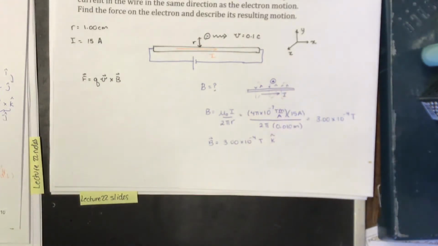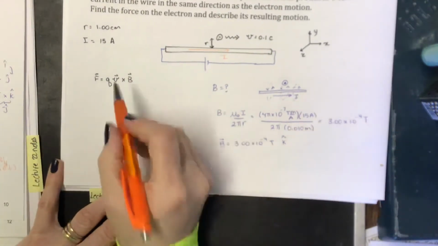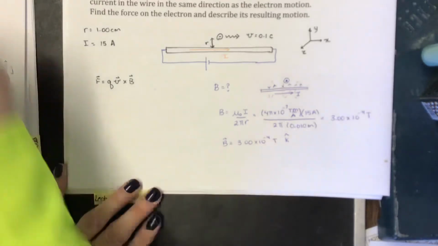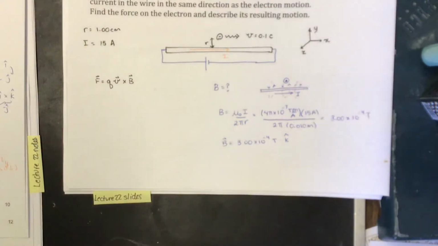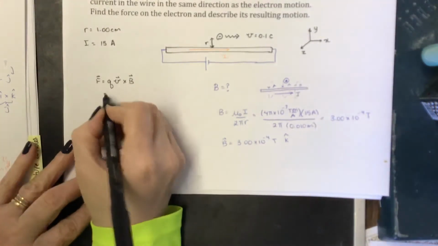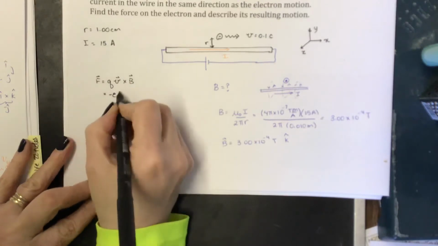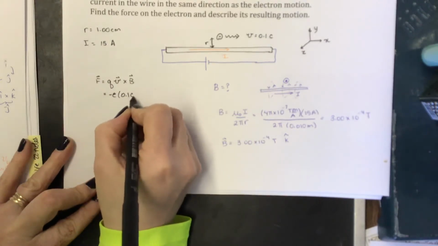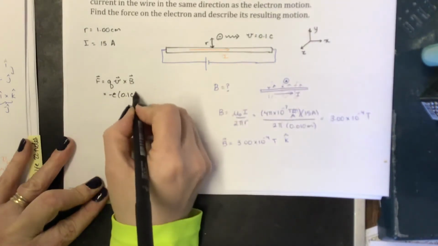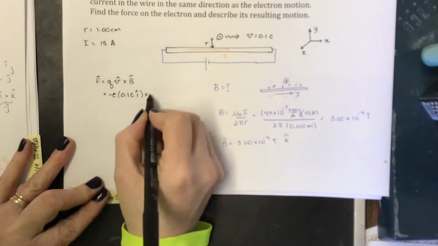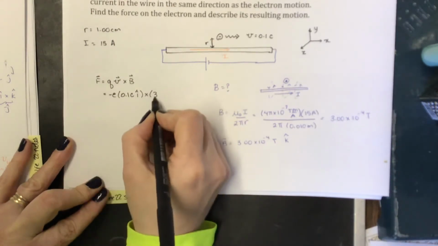So let's put this magnetic field in this expression for force, and let's find the force on the electron. So our Q is minus e, v is 0.1 c in the x direction, i hat, crossed with our magnetic field, which is 3, just to save space, I'm going to drop those extra zeros there, teslas k hat.